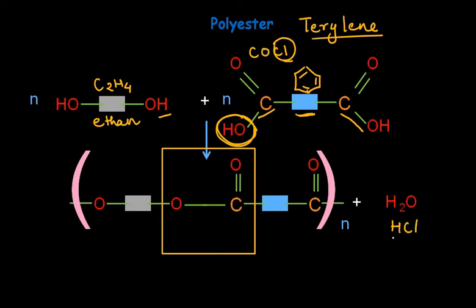But again here a smaller molecule like HCl, just like water, is removed. So still it is called the condensation polymer itself. Only the part which changes is the monomer, but the polymer chain remains as such.